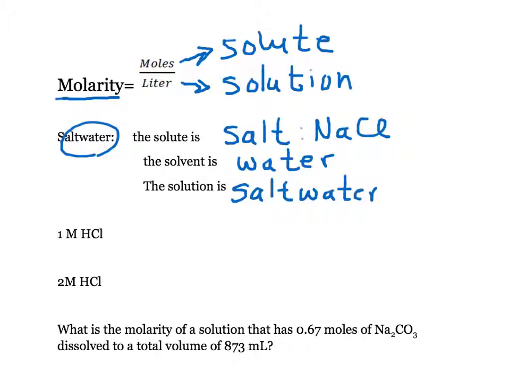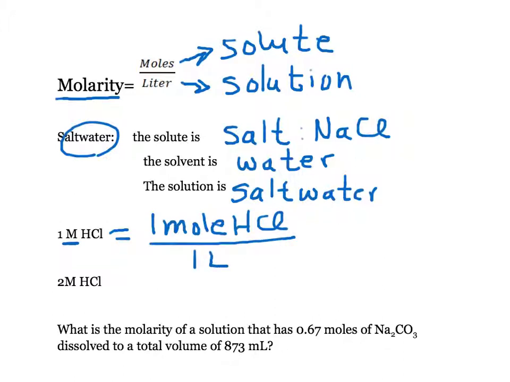If I have a 1 molar hydrochloric acid solution, capital M is what we use to abbreviate molarity, it means that I have 1 mole of hydrochloric acid in a total volume of 1 liter of solution.